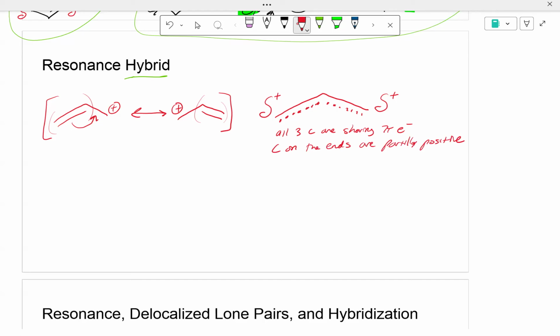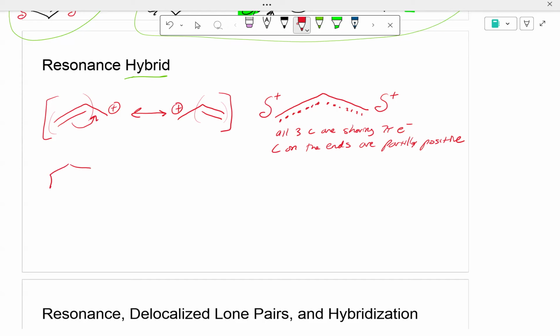Again, this indicates that the left carbon is not always plus one, and the right carbon is not plus one. They have this partial positive quality rather than a whole positive charge.